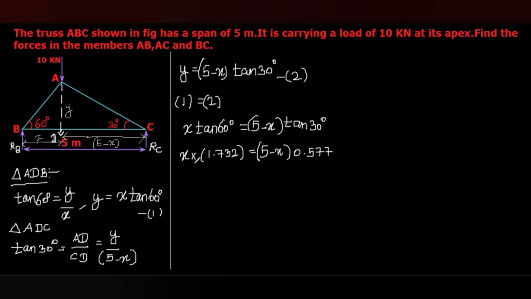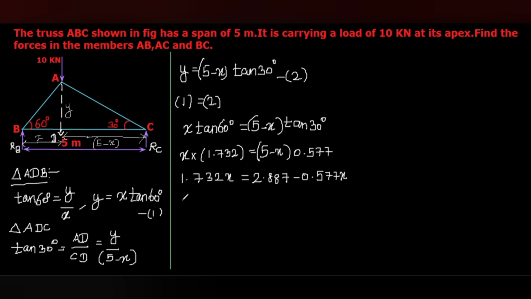So if you multiply, you will get 1.732x equal to 5 into this value minus x into this value. So 5 multiplied with 0.577, we will get 2.887 minus x into this value, 0.577x.